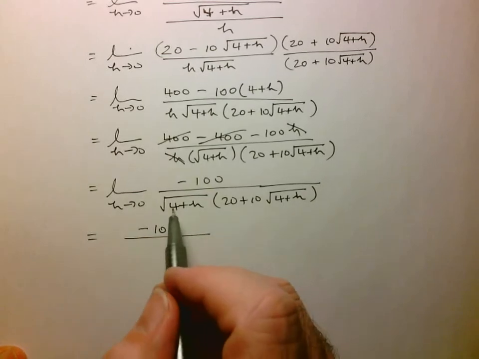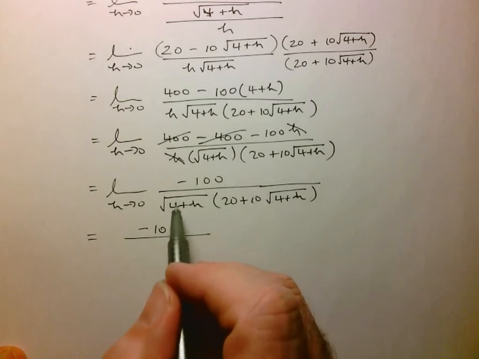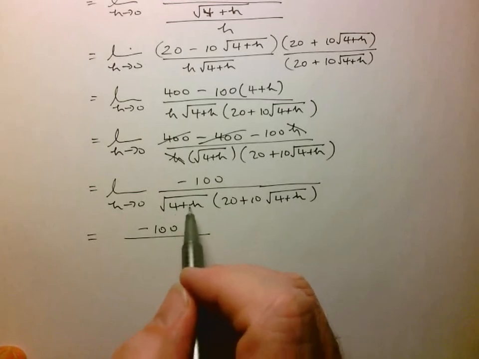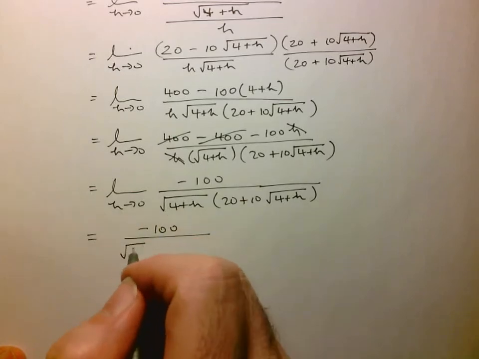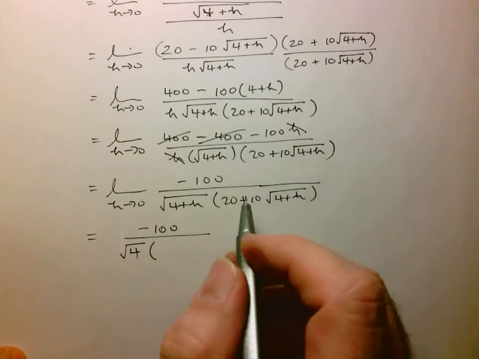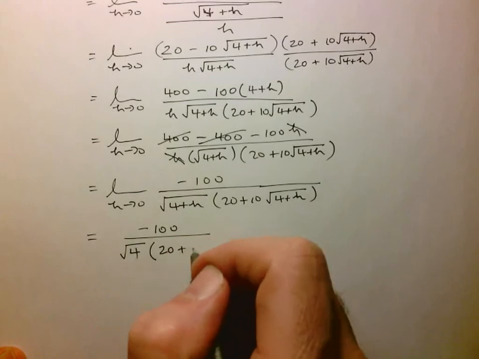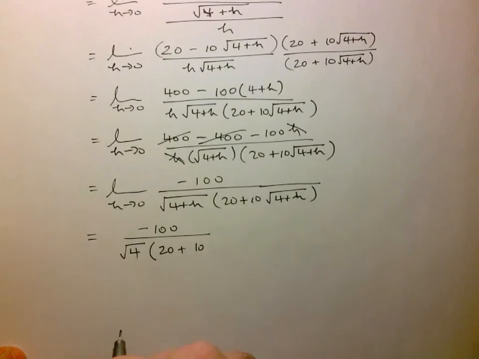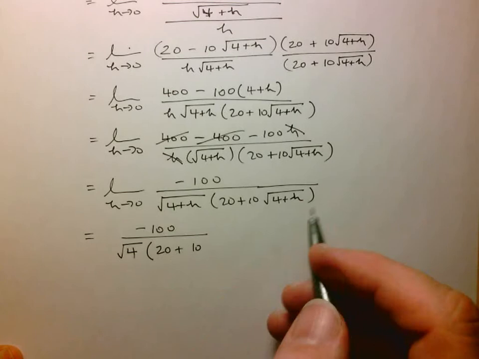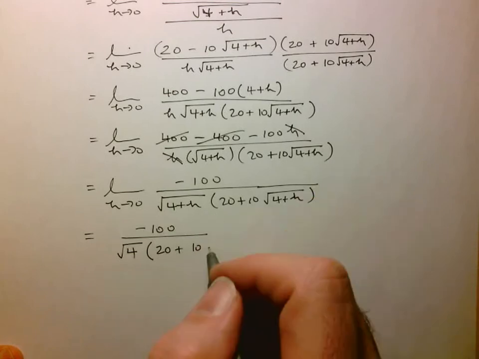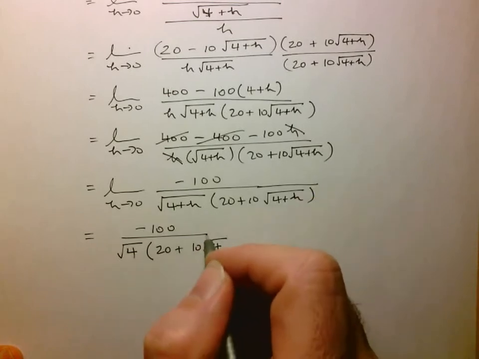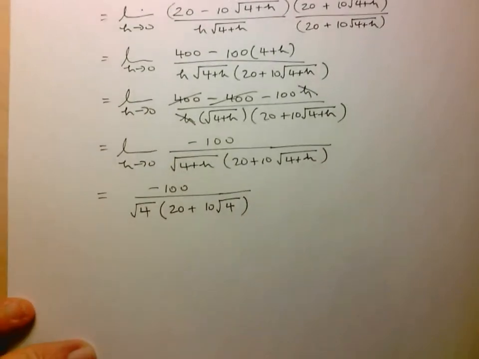In the denominator, I look at this expression 4 plus h. As h approaches 0, this is just going to approach 4, so I just have square root of 4. Again, the 20 is unchanged by h approaching 0, the 10 here is unchanged, but this expression, 4 plus h, is just approaching 4.